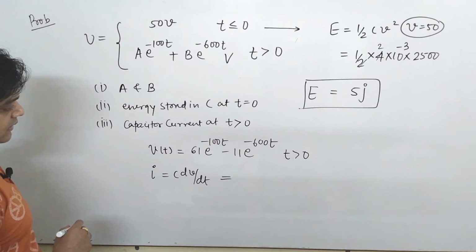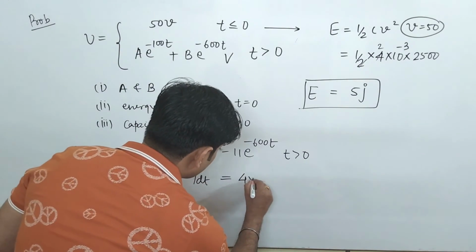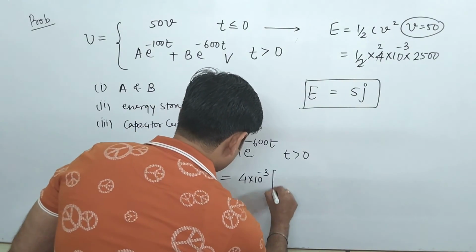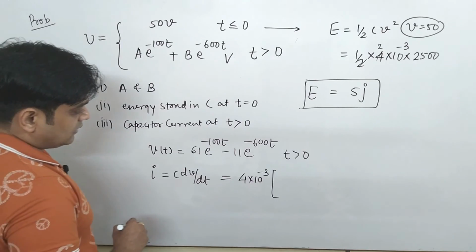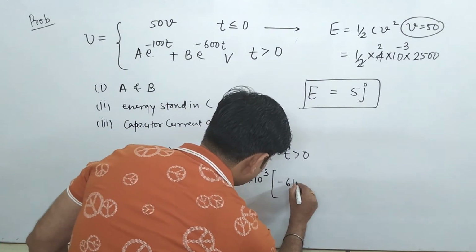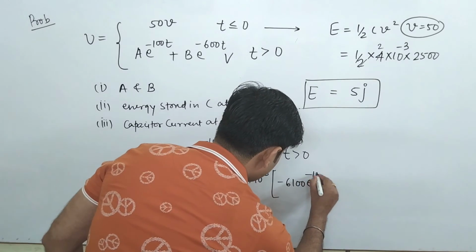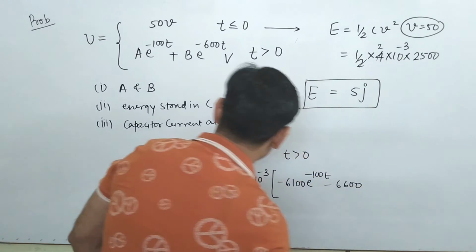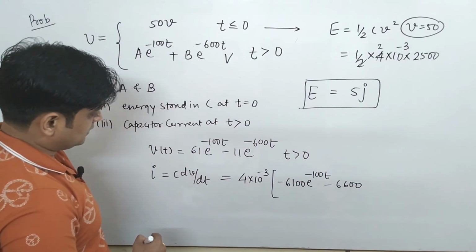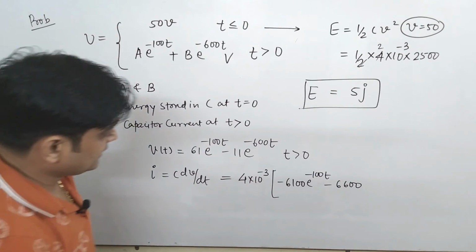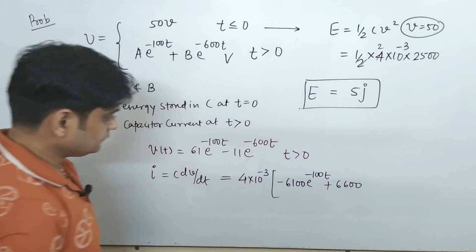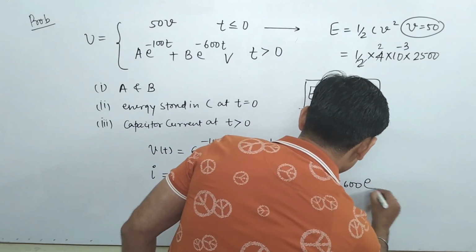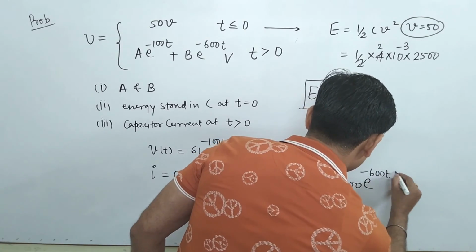So that comes to be, C is 4 millifarad, that is 4 into 10 to power minus 3, into, I am simply differentiating it, please see. So that comes to be minus 6100 e to the power minus 100t, and minus of minus 6600, so that comes to be plus 6600 e to the power minus 600t.